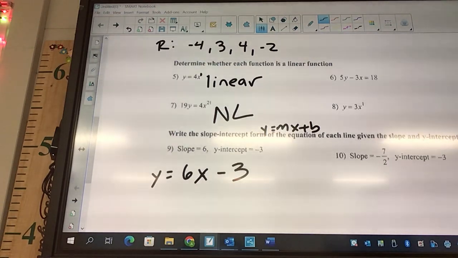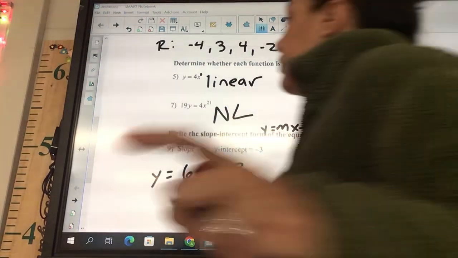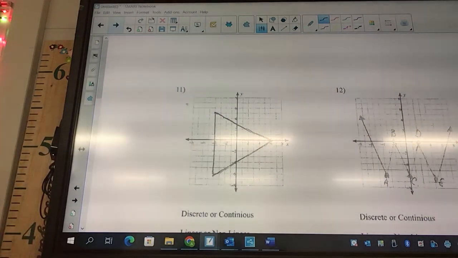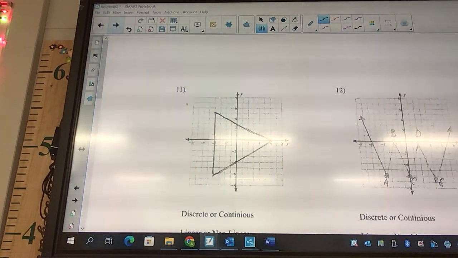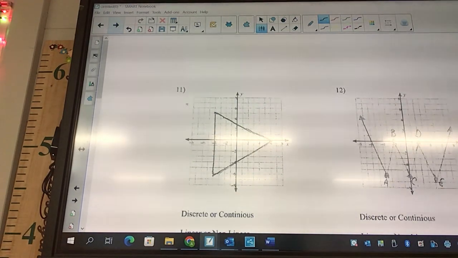Okay, 11. It wants you to answer all of these questions. Look at the picture, is it discrete or continuous? Let's think about this. Continuous, what does continuous mean?